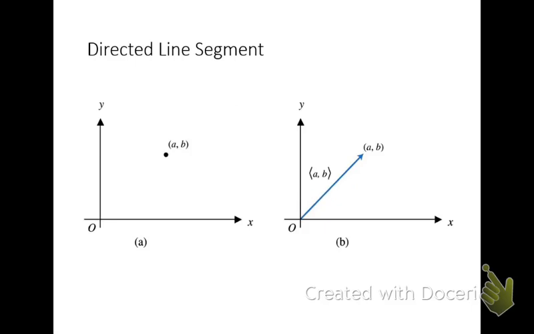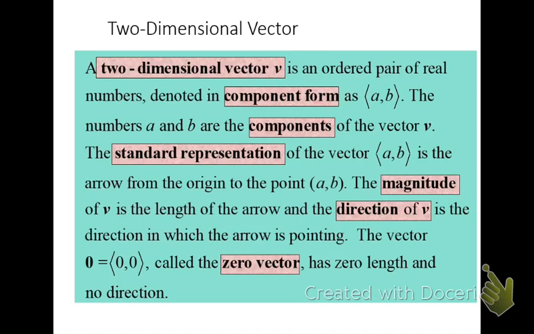So let's look at some definitions and some terminology. A two-dimensional vector is an ordered pair of real numbers denoted in component form, which is what our angled brackets are. The numbers A and B are the components of this vector.